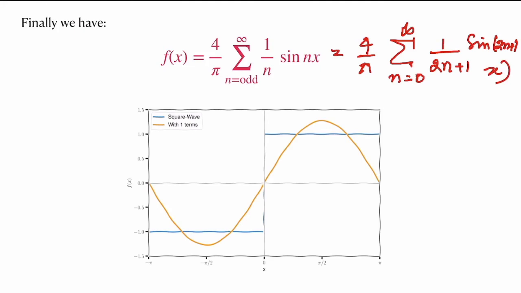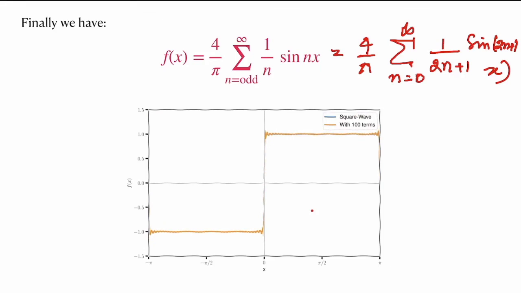Let's look at this function and see the plot. We see that when the first term is included, it is only sin x. The sin x is nowhere representing a square wave, but as we add more and more terms, it takes the real shape of the function given to us. Let's look at this animation. We see that as we take larger and larger n, we come closer to the function given.